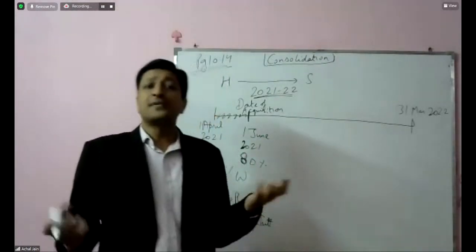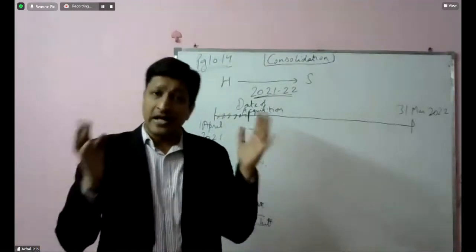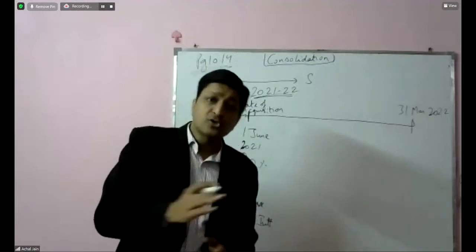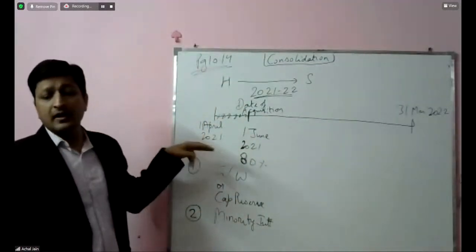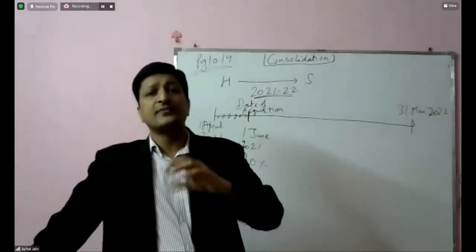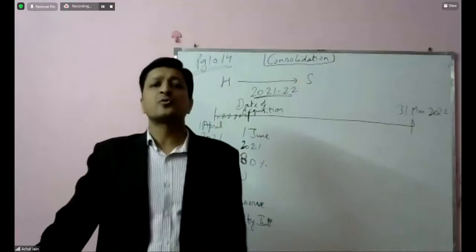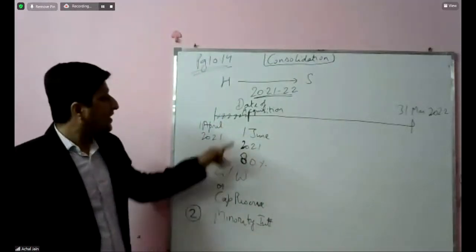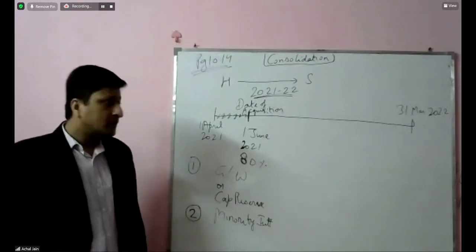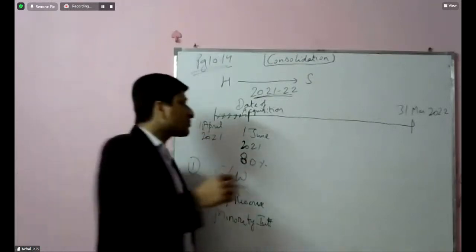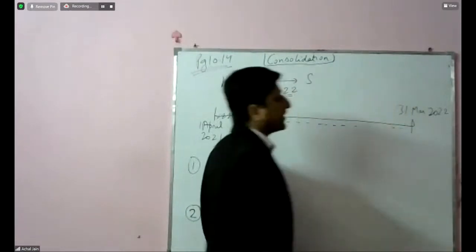Does it mean that we will not be preparing for the full financial year? The answer is yes. Consolidation is not always required to be done for the full financial year, if the control is not there. Consolidation has to start from the date control is acquired, and it will continue up to the end of the financial year.